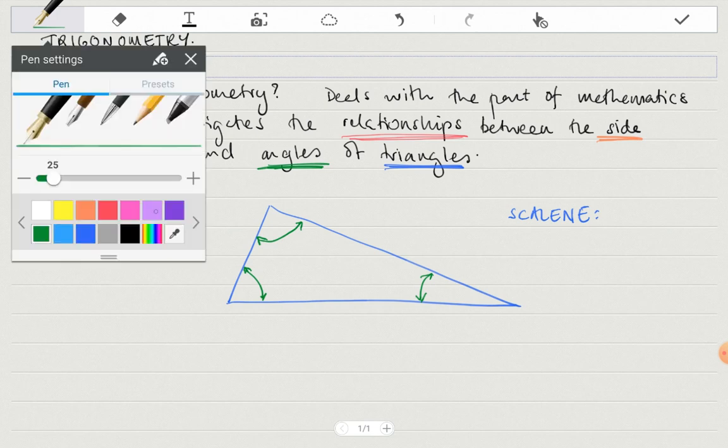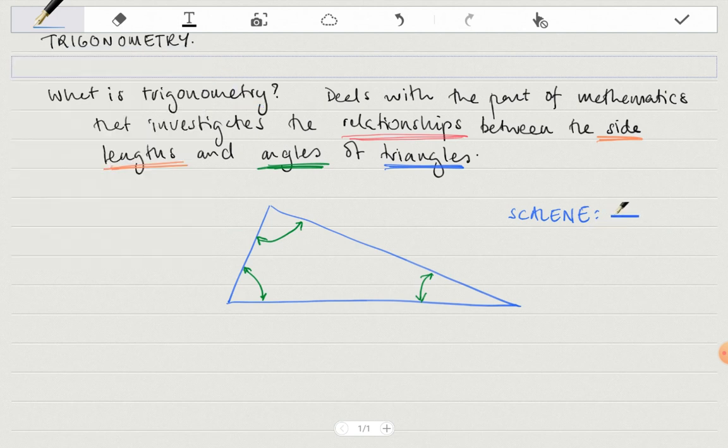Let's talk about scalene quickly. Scalene is when all angles are different.